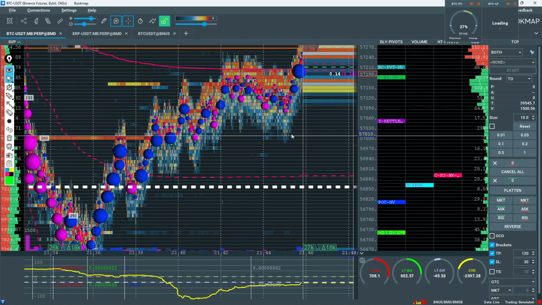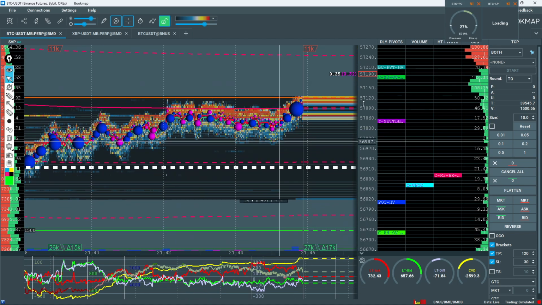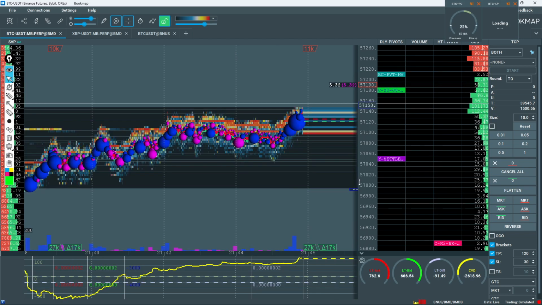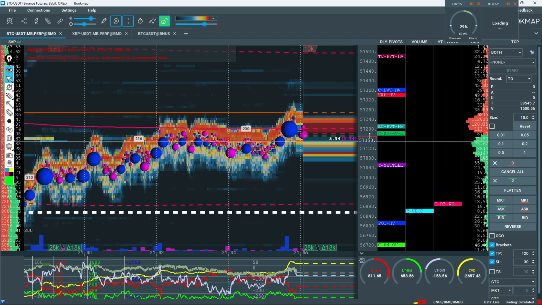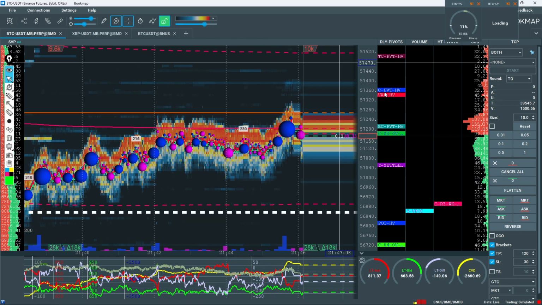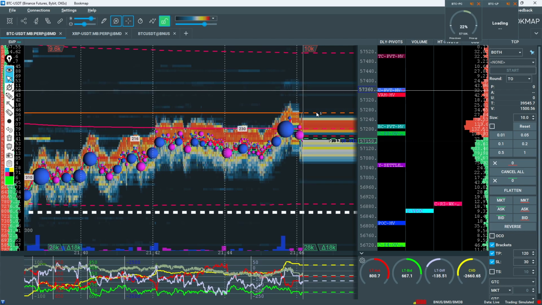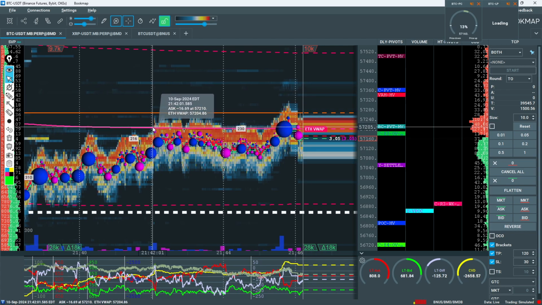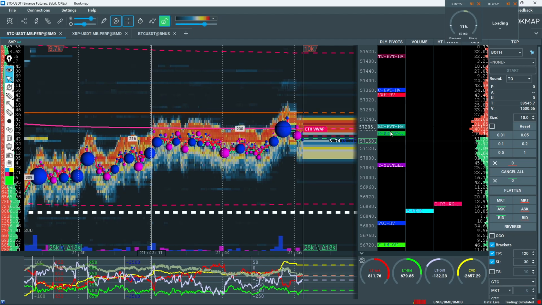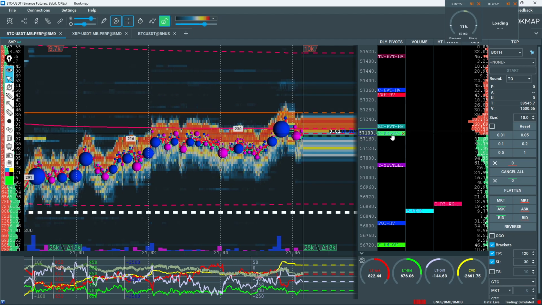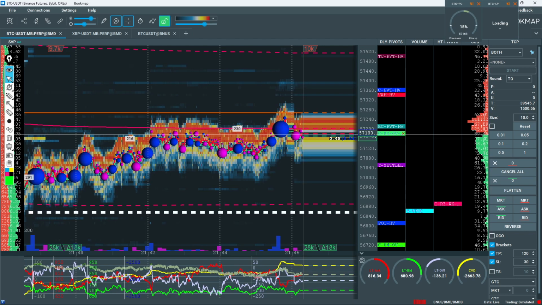Sometimes it takes a little time for it to load up. So this is the central pivot here. We might get a retest of that. This is VWAP, ETH VWAP. And right now we're at the bottom central and Camarilla S3. Let me see if that's correct.